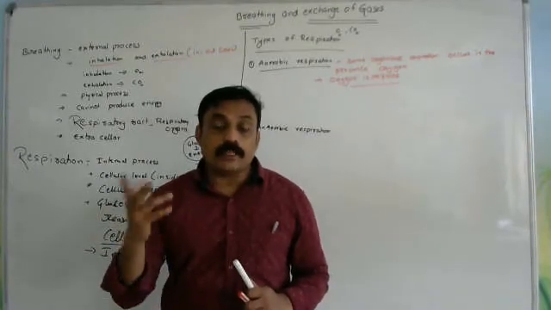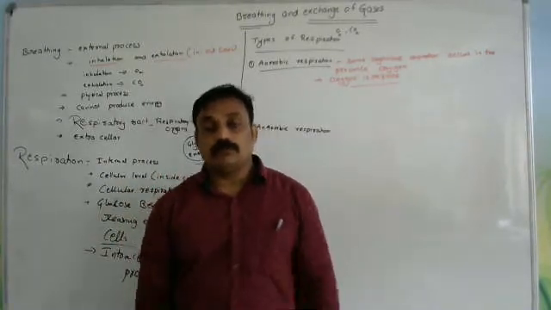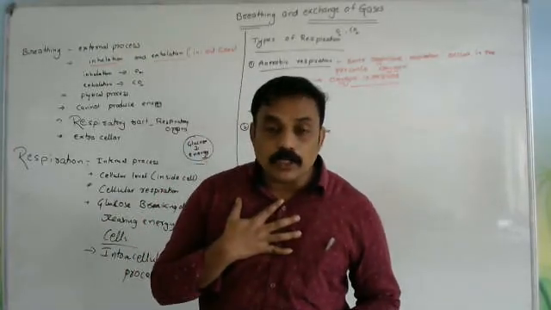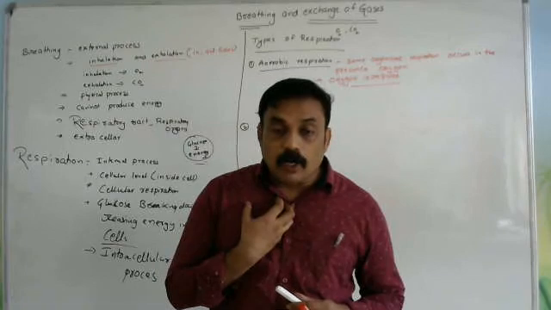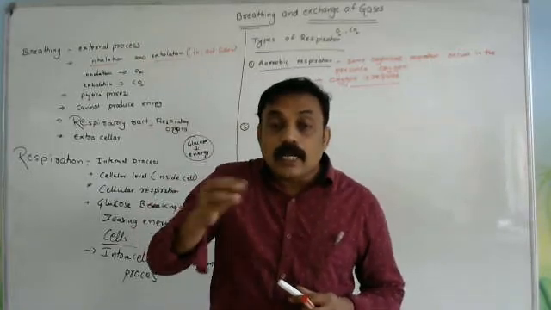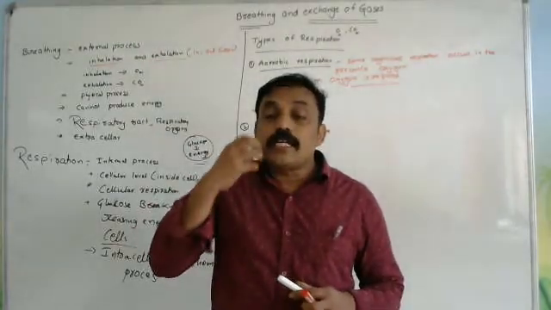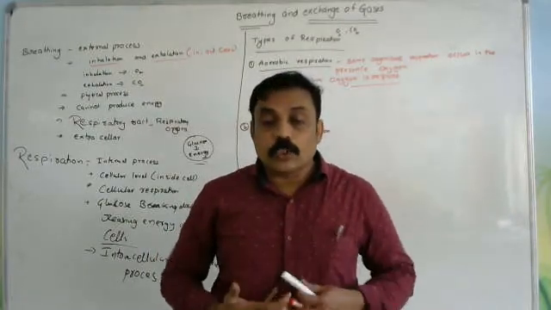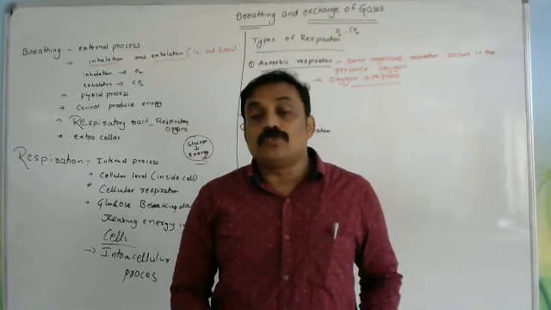Without oxygen, they cannot produce energy. For example, human beings: oxygen is required for our body. We take in oxygen; first it enters the respiratory tract and respiratory organs, then the blood, then the cells.